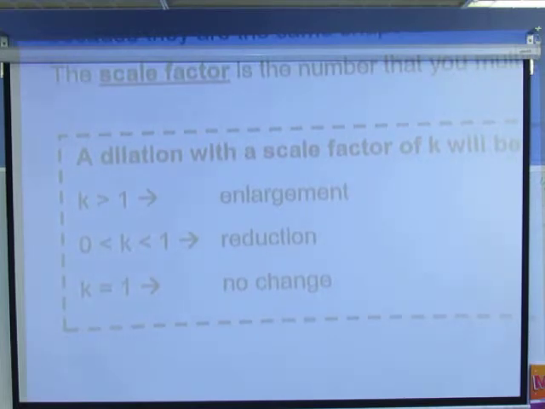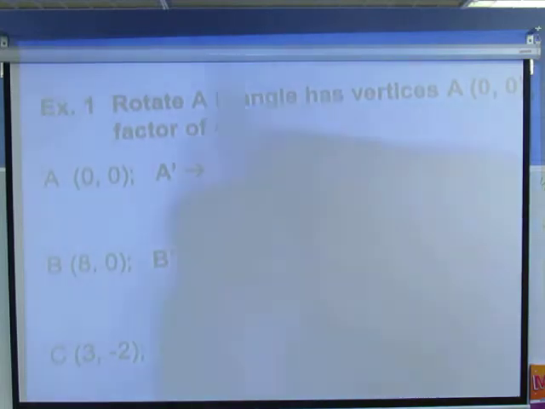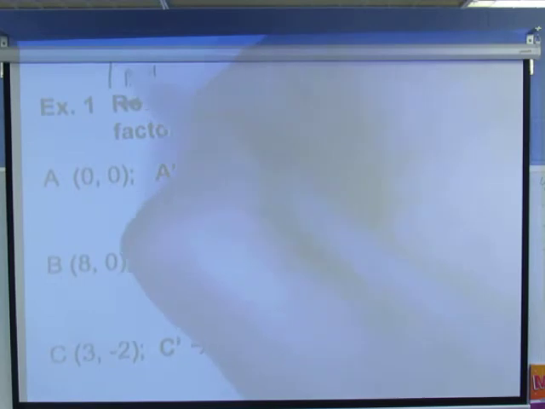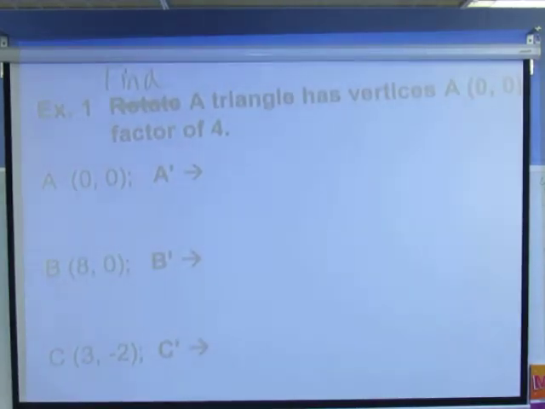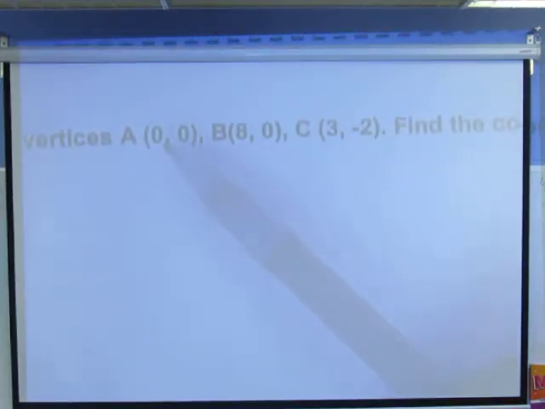So it just remains the same. First we're going to look at this example, which says rotate. Sorry, it should say find. Okay, so we're going to find the new coordinates. Our original triangle has the vertices A(0,0), B(8,0), and C(3,-2). We want to find the coordinates if the scale factor is 4.